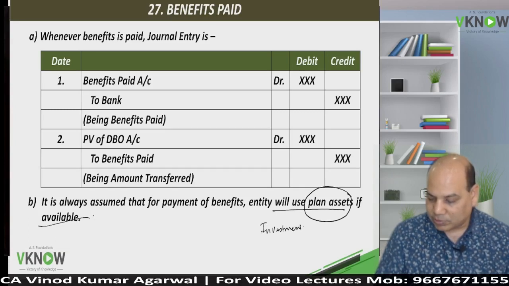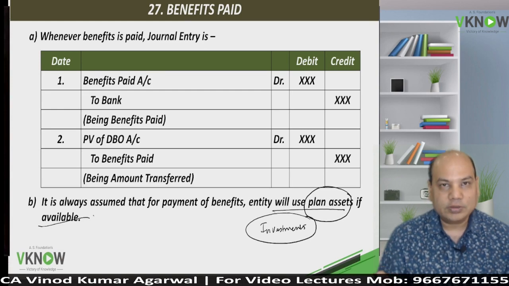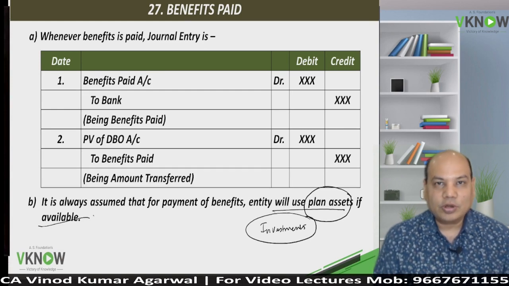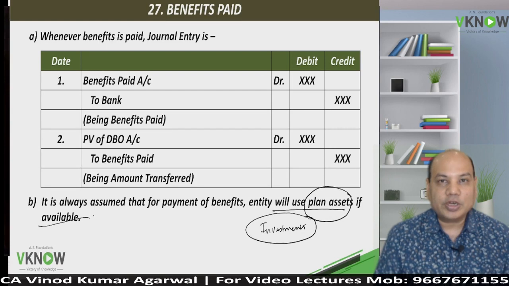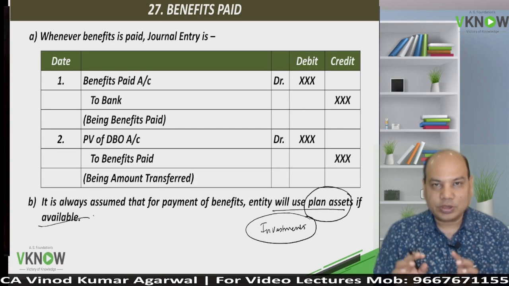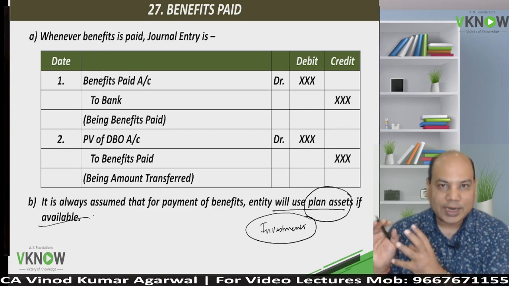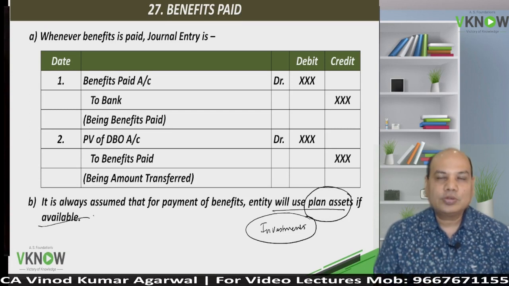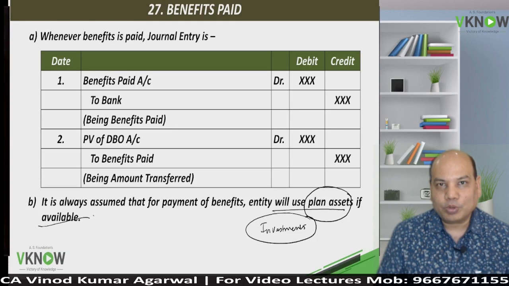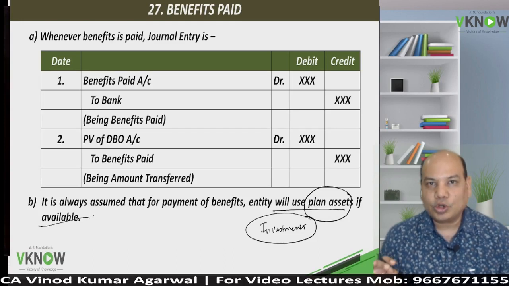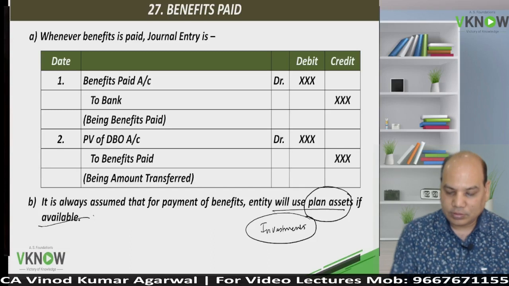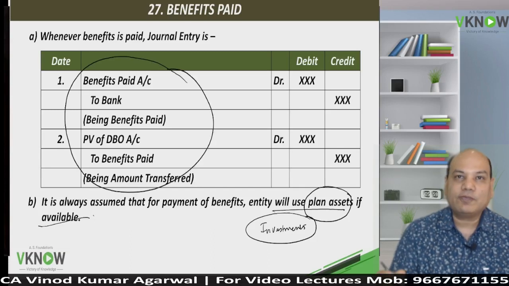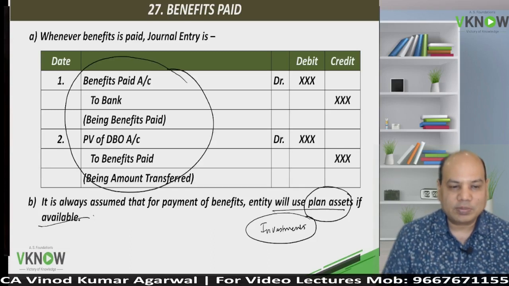If we have made some investment in a fund, in a trust, or in a government scheme, or in an insurance company, then it is assumed that that plan asset will be first used to make payment to the employees. But that is in case of funded liability; in case of non-funded liability, we will assume that the payment is made from your existing bank balance.